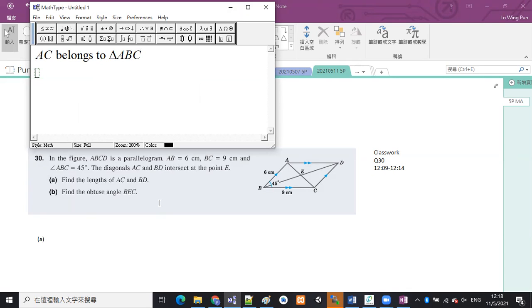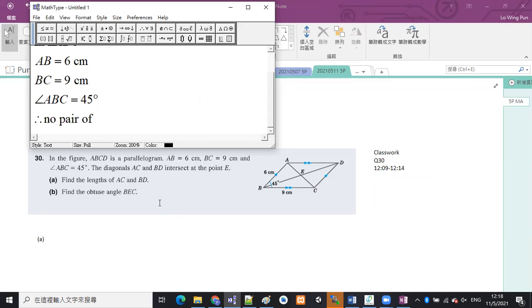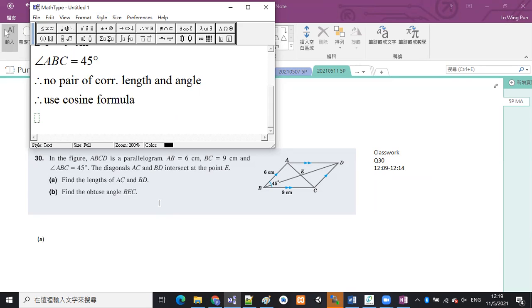Okay, and then in triangle ABC, we have AB equals 6 cm, we have BC equals 9 cm, and we have angle ABC equals 45 degrees, and there is no pair of corresponding length and angle. Therefore, we need to use cosine formula. Okay? So this is the thinking.